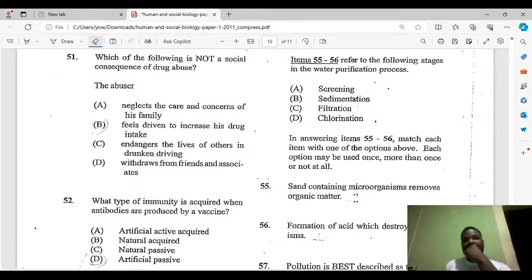Is it screening? Is it sedimentation? Is it filtration? Is it chlorination? I'm seeing C, filtration, for 55. Anybody else for 55? I'm seeing another C, Tiana Smith. I'm seeing a B, sedimentation. I'm seeing another C.